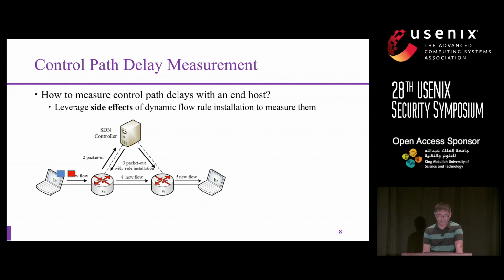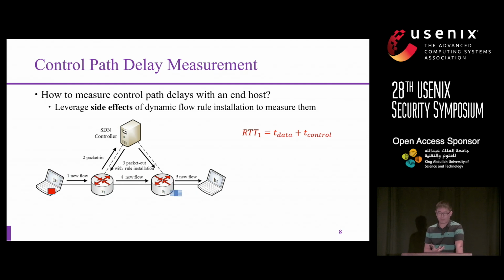When the first packet of the flow arrives at the switch S1, since the switch has no flow rules, the first packet will be sent to the controller. After rule installation, the packet will be sent back to the switches and be forwarded. So at H1, the round trip time of the first packet contains the data plane forwarding delay and the control path delay.